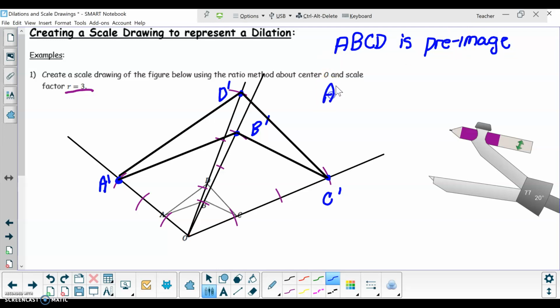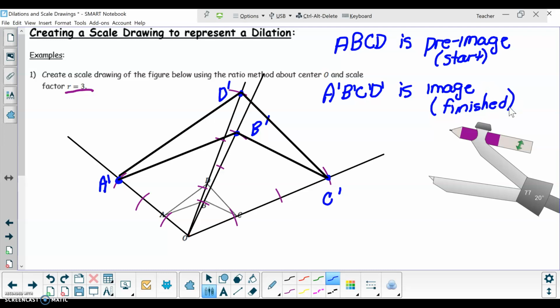And then A prime, B prime, C prime, D prime is called the image. Okay, so pre-image is like what you start with, or the before, and then the image is the finished product. All right, and that's a dilation with a scale factor of 3. So this is what I call a stretch because the figure got bigger, okay?